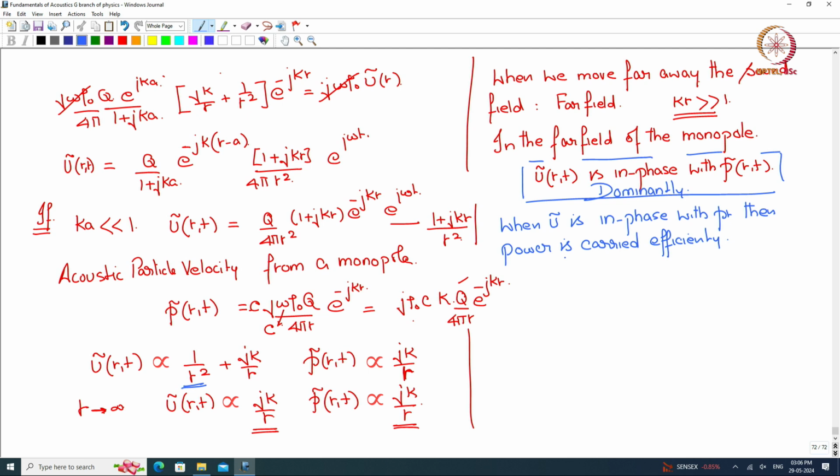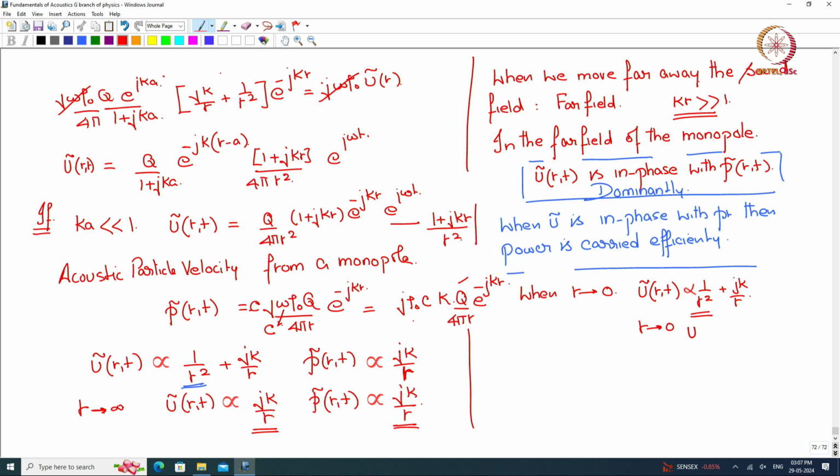Now, the other side is when r goes to smaller and smaller values, because we have a monopole there, r goes towards 0. So u tilde of r comma t is given by 1 over r square plus j k by r, and as r tends towards 0, the first term begins to dominate.